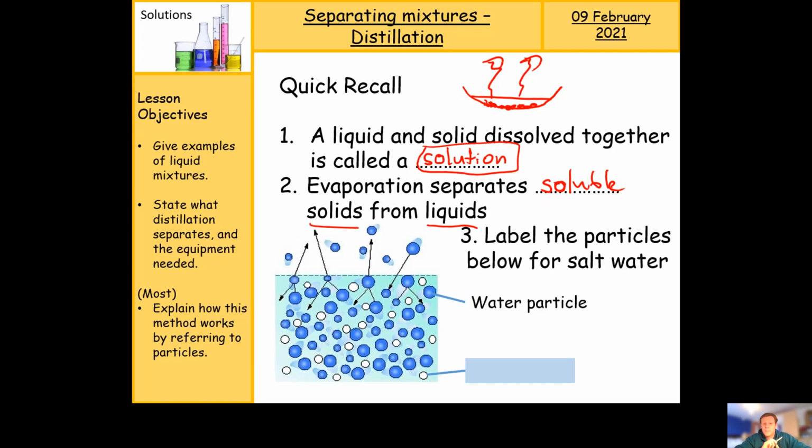That's our water evaporating off the top. And that means the one we've got left behind must be, if we talk about salt water, the salt. So the water is up there. The other bit we have then is the salt. So these are the salt particles that are remaining. The salt doesn't evaporate because it's still a solid. We're not heating it up enough to turn the salt into a liquid or into a gas. It stays as salt and then it crystallizes on the bottom of our dish.